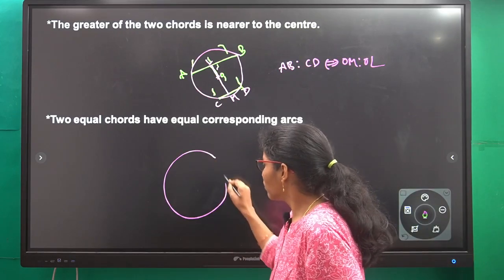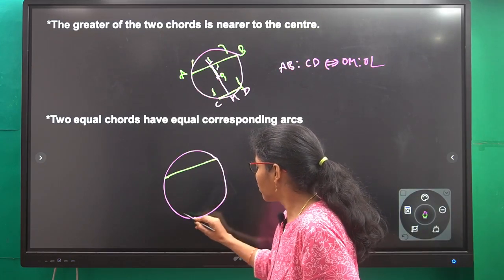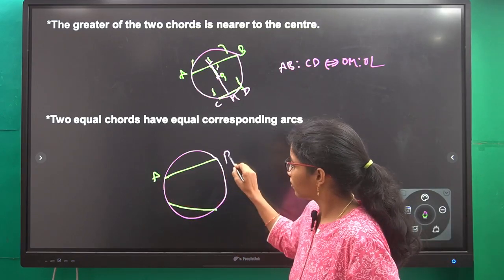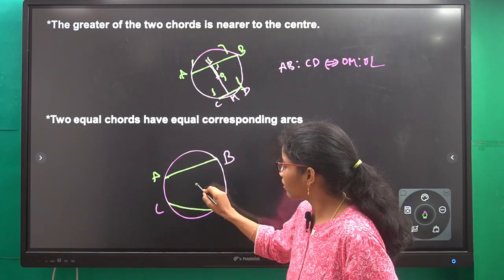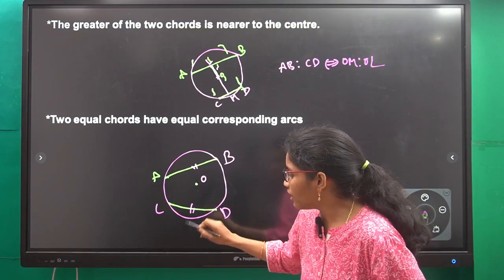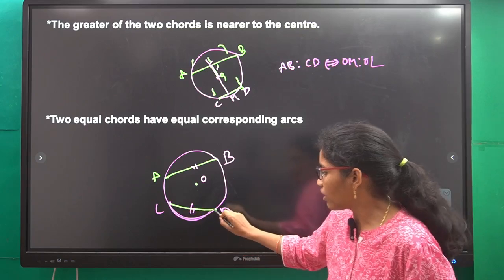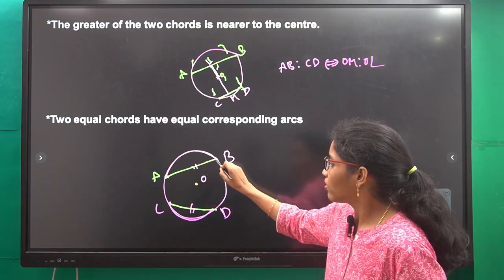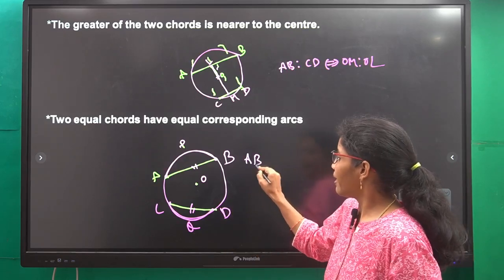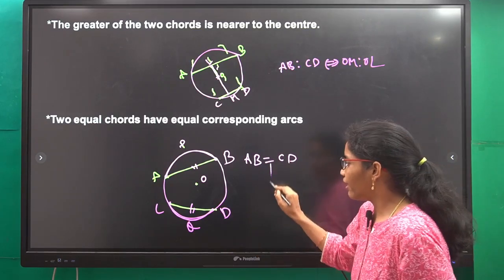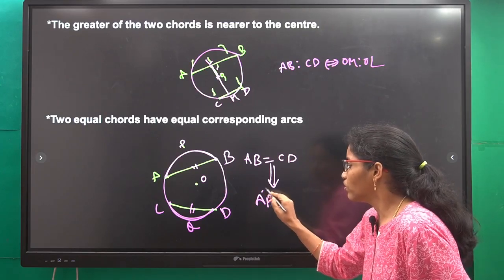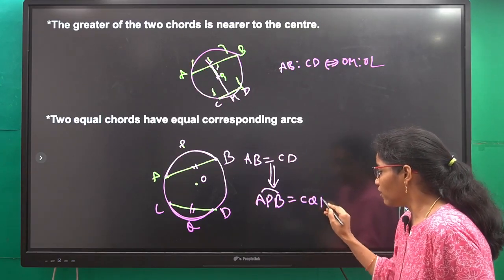Two equal chords have equal corresponding arcs. Same thing here. Suppose these two chords are equal, A, B, C, D, and here the center is O. If AB equals CD, then these arcs also have equal lengths. You can take it as P, you can take it as Q. That means if AB equals CD, then arc APB equals arc CQD.